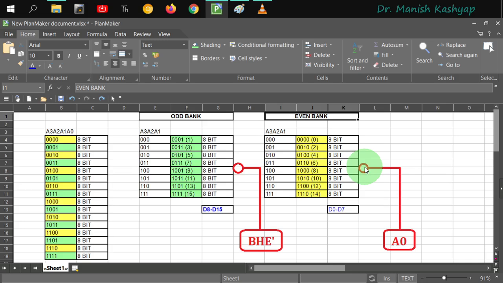So suppose we are trying to write something at an even address. Let us say we want to begin from 0100, and the next location is 0101. That means the fourth and fifth locations we want to write.